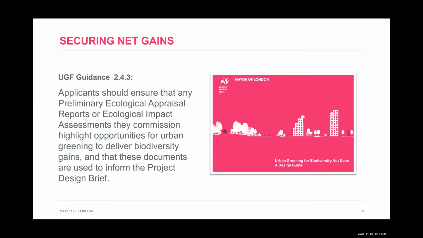Sam ran through the RIBA stages earlier to highlight how important it is that urban greening is considered in the right way at the right point in the development process, and the same is true for ecology.